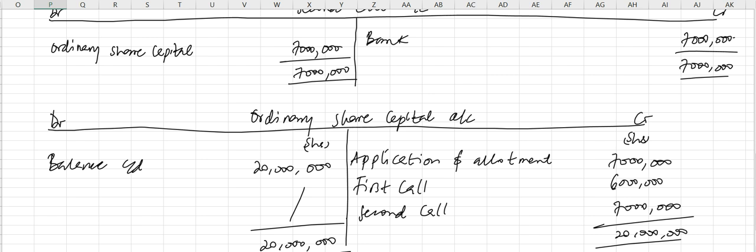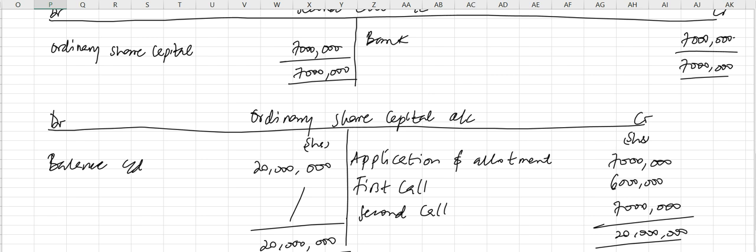So when you see first call, just know that that's the first installment of the share price that a company demands from its shareholders. Once the shares have been allotted and the company needs more capital, the board will sometimes pass a resolution to make the first call a specific amount per share.